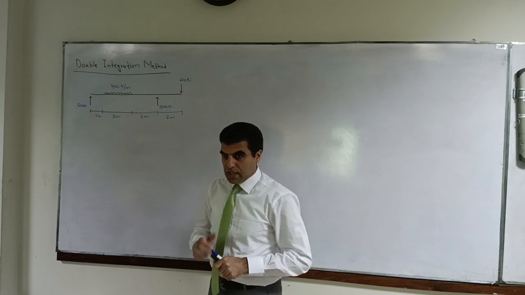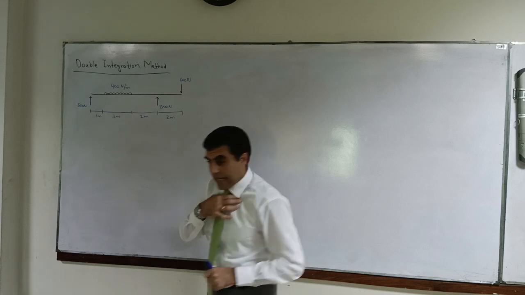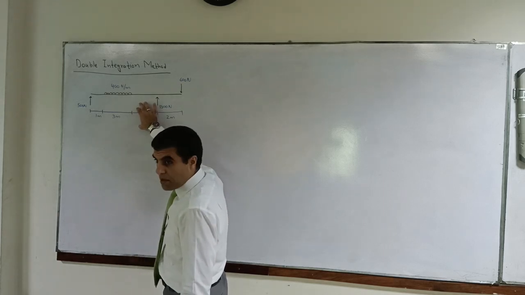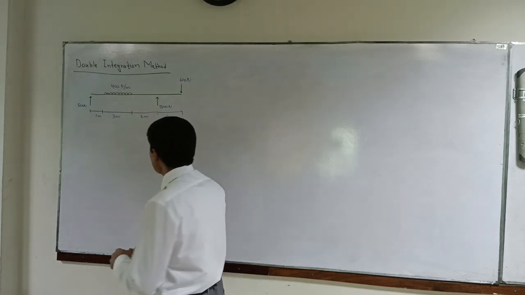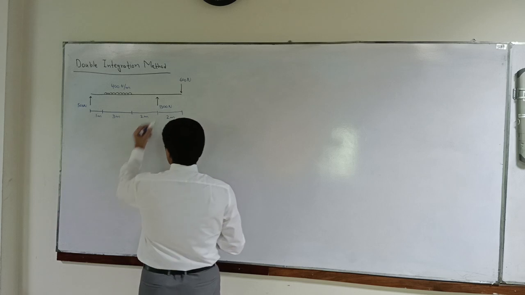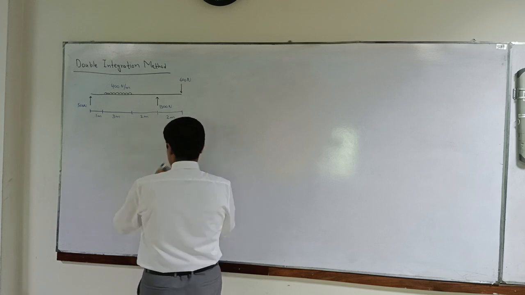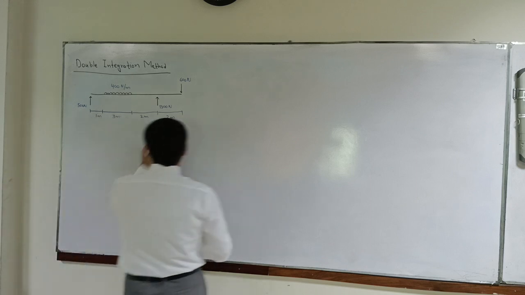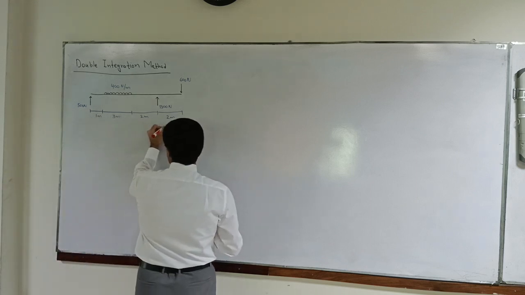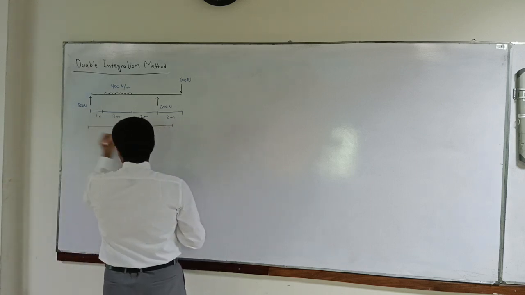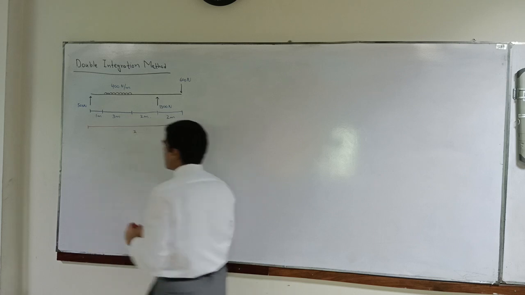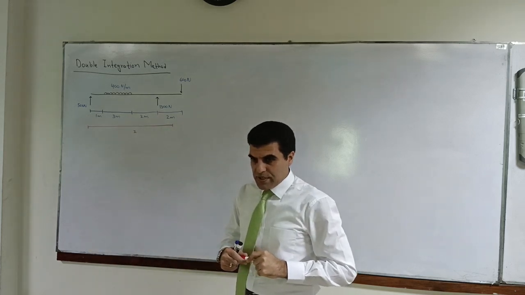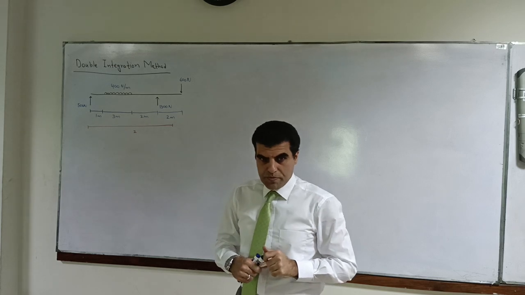What do you think? How can we work out? Look, there is a problem over here. If we take our x over here, if this is our x, then what will be the issue?